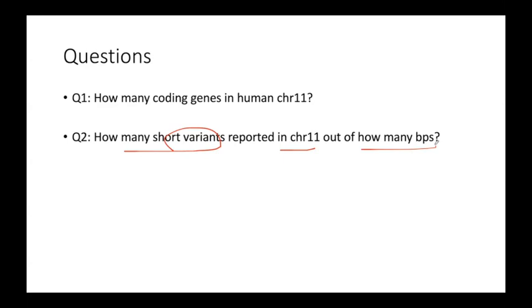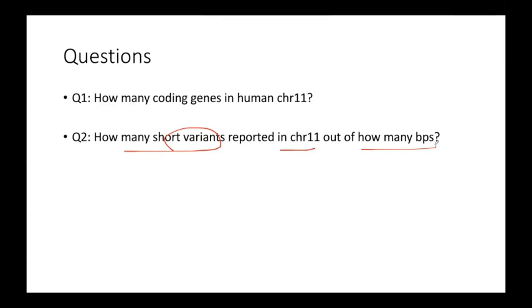So how many base pairs for chromosome 11? About 135 million base pairs. So do you know how many bases we have in a haploid genome, if you add all the bases from chromosome 1 to chromosome 22? 3 billion.